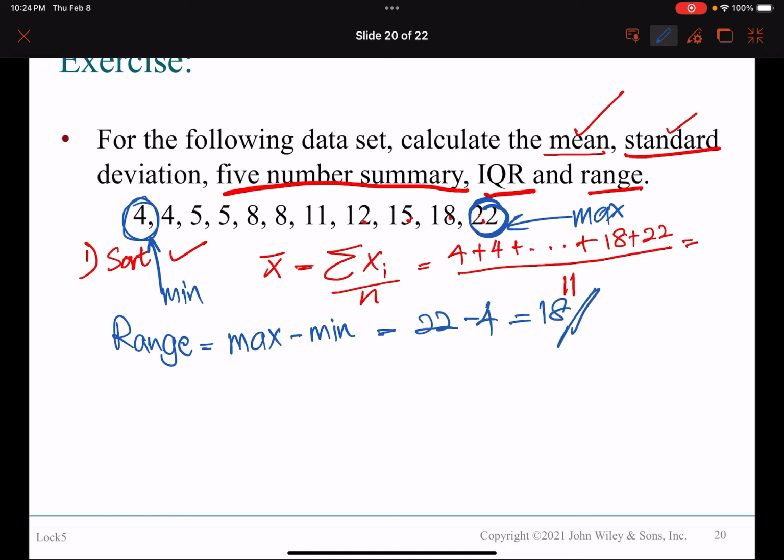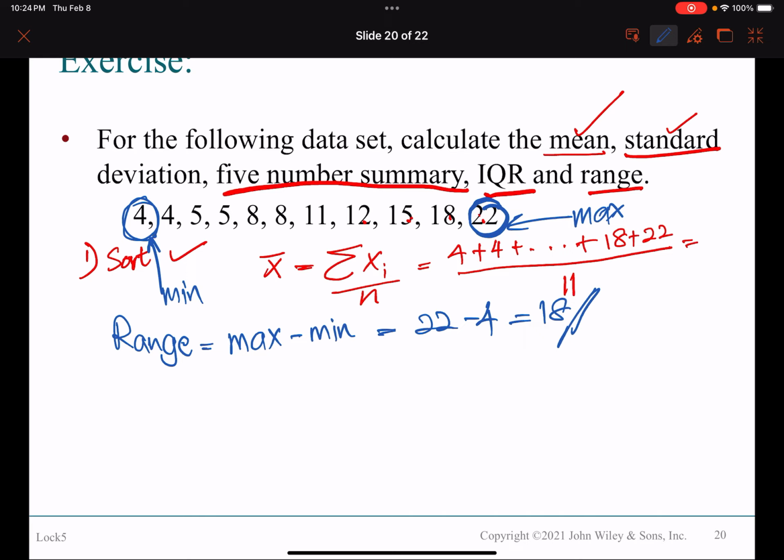How do you find the IQR? Before you find the IQR, you have to find Q3 and Q1. Let's find those quartiles. Here there are 11 data values. So where's the middle point?